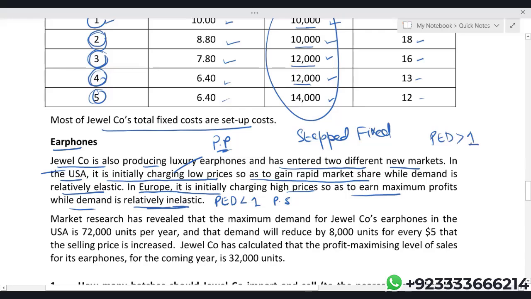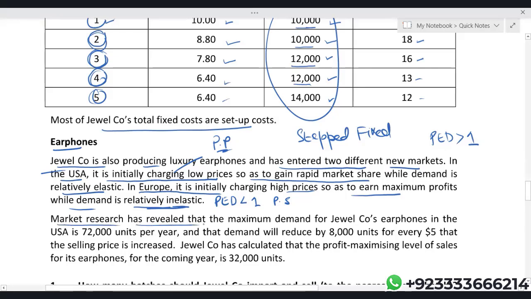And logically, we have already discussed, when the price elasticity of demand is more than 1, it is elastic. Reduce the prices, that you should be doing in USA. If price elasticity of demand is inelastic, increase the prices, that you should be doing in Europe. So Europe, I would say price skimming. USA price penetration.